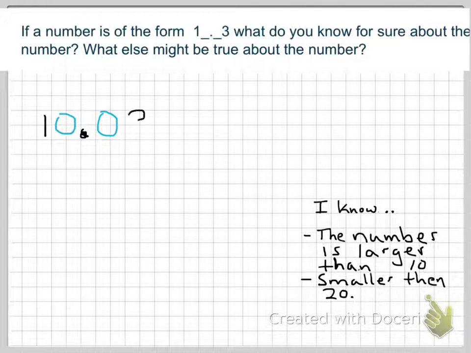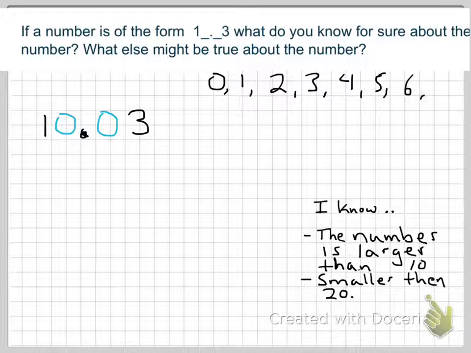This is the smallest number I can make. I know that it's the smallest number I can make because my options for digits are 0, 1, 2, 3, 4, 5, 6, 7, 8, and 9.